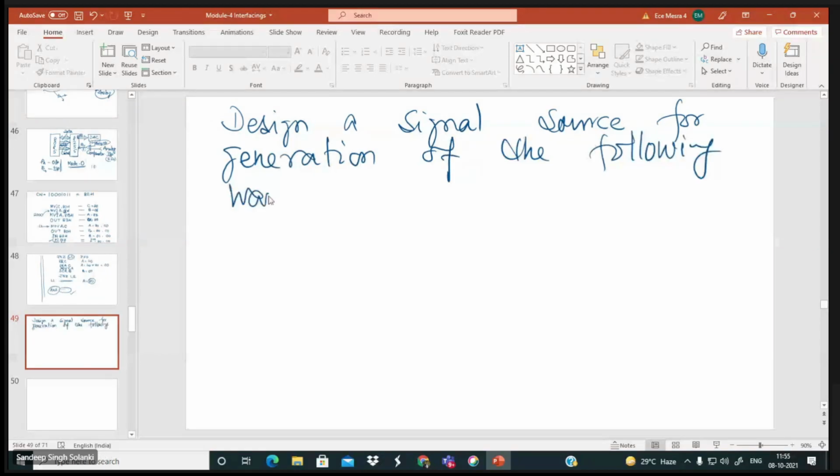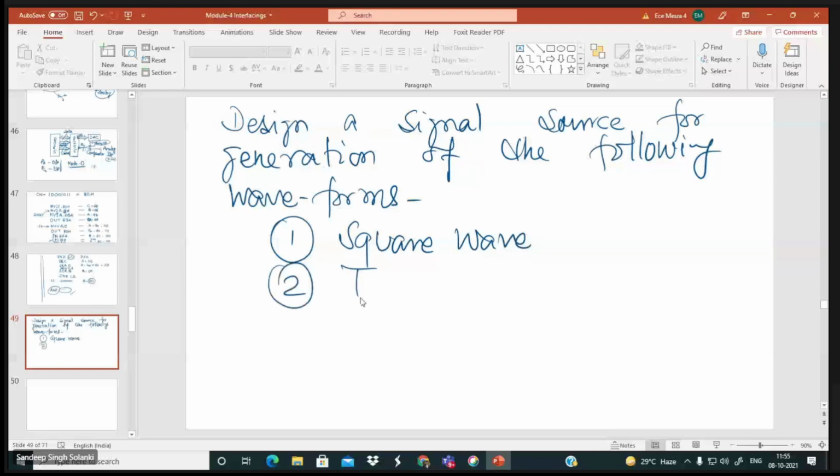The waveforms are square wave, triangular wave, sawtooth wave, and sine wave.